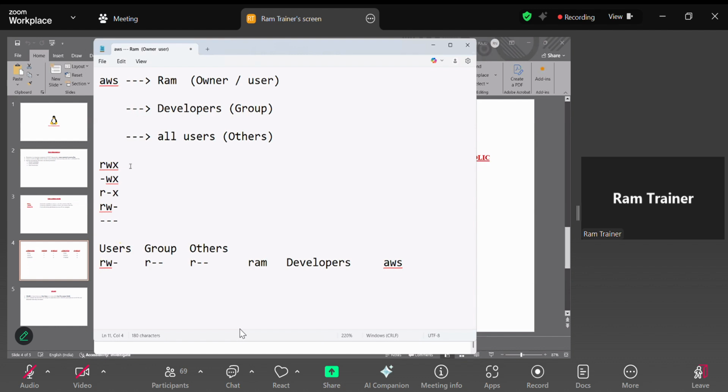See, this is the order. The order has been fixed: first read, then write, then execute. The first three bits belong to the user, the next three bits to the group, and the last three bits to others. How can you view these in numerical format instead of symbolic format?